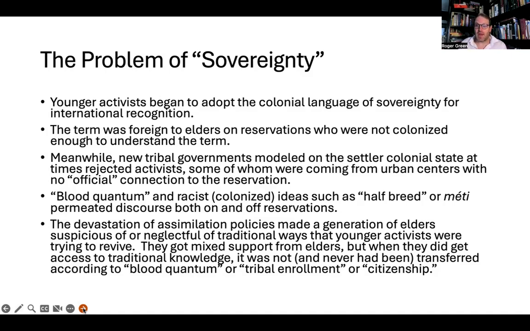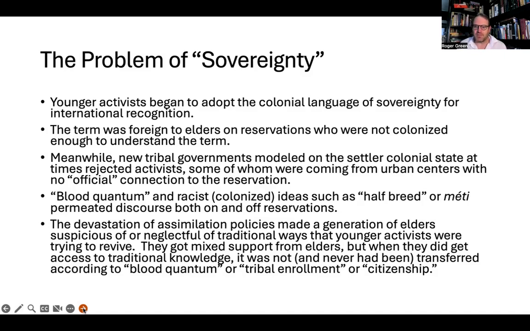And so they either don't have the knowledge or it's clouded or lost or foggy in people's memory. And so the younger activists start to revive things. It's during this time period that things like the Sundance get revived by AIM groups during the late 60s, early 70s.